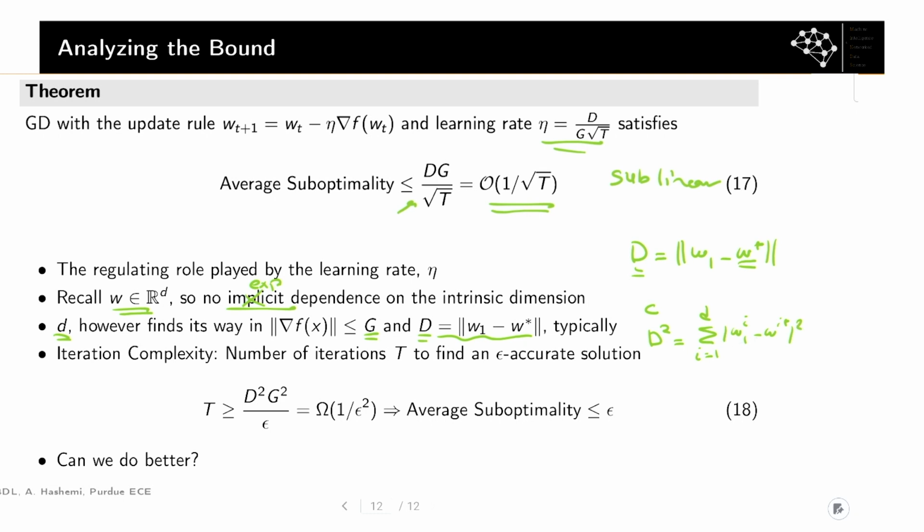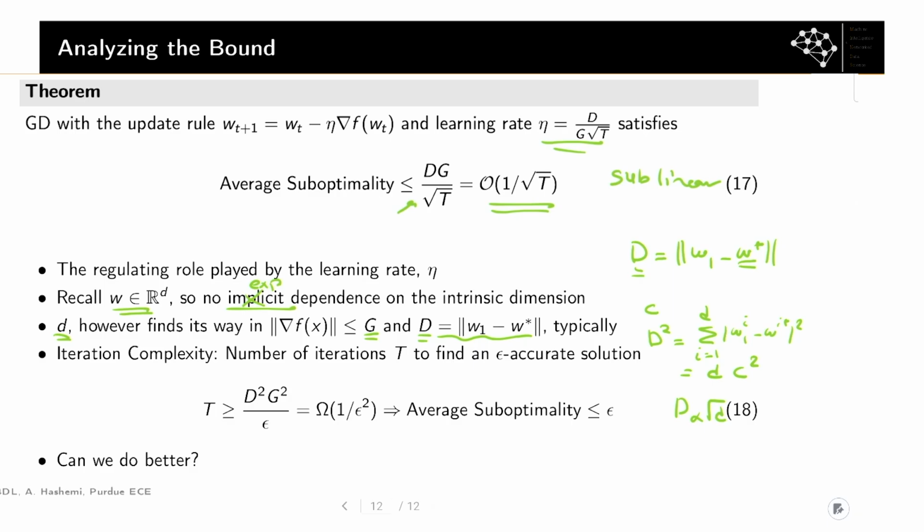And if each coordinate is some constant, this is something like d c squared. Therefore, D is basically proportional to the square root of d. So although there is no explicit dependence on the dimension, there could be implicit dependence on the dimension through the constants, such as the initial error as well as the Lipschitz constant.